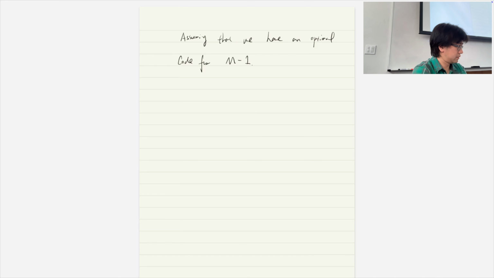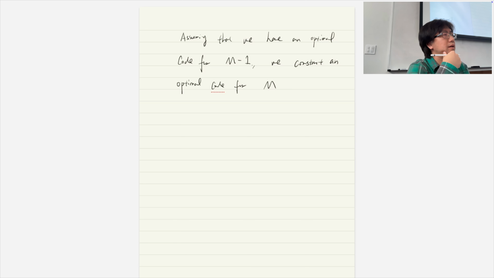So we're assuming that we have an optimal code for m minus 1, and then we can construct an optimal code for m, and then we're done.